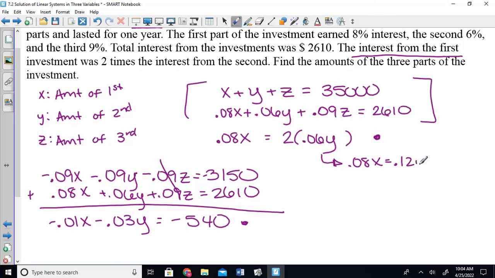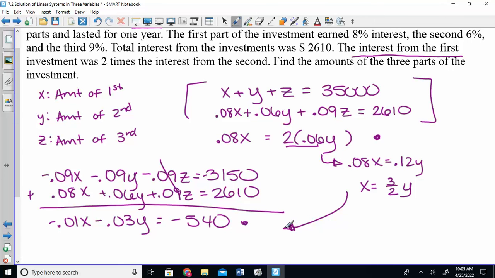We have 0.08x equals 0.12y. So if you wanted to solve for x, if you divide by 0.08, you get what? 0.12 divided by 0.08? So we get 3/2 y.